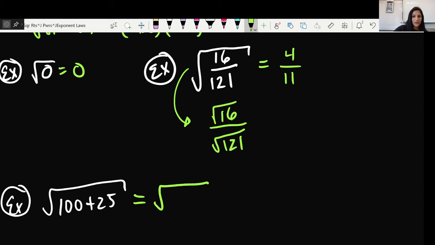The square root of 125, so I do add them together, and is 125 a perfect square? No, so we only have a couple of options here. One of them would be to punch it into our calculator, but we don't want to do that. So you could leave it like this. This is what I would call exact value form. If I punch it into my calculator, I'm going to get a decimal with a whole bunch of digits, and that's approximate value form.